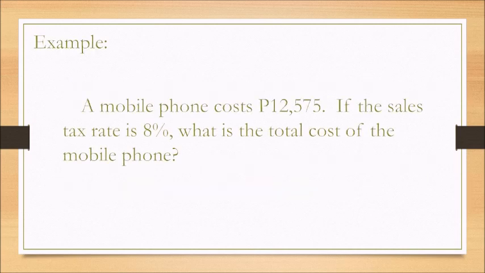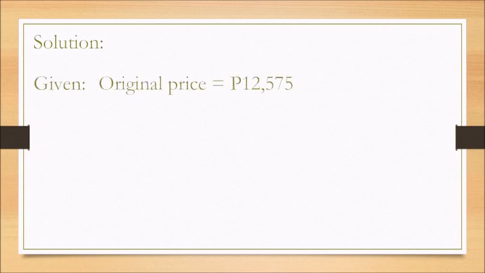Okay, let's do an example. A mobile phone costs 12,575. If the sales tax rate is 8%, what is the total cost of the mobile phone? Solution. Given is the original price, which is 12,575, and sales tax rate is equal to 8%, or simply 0.08.